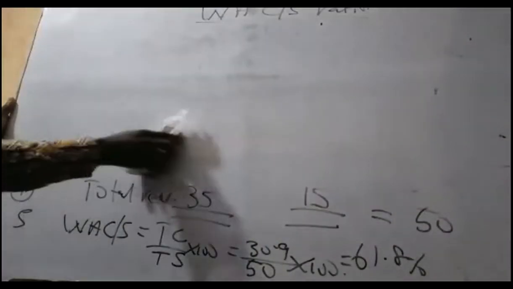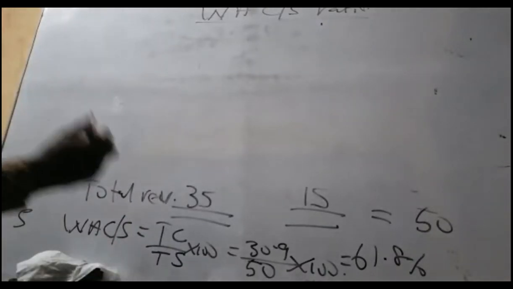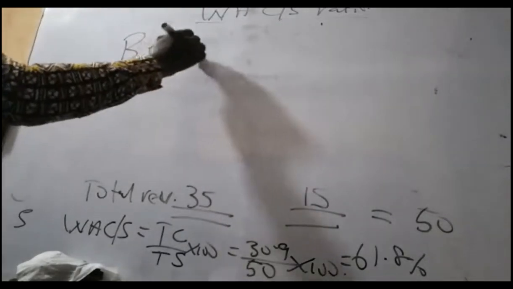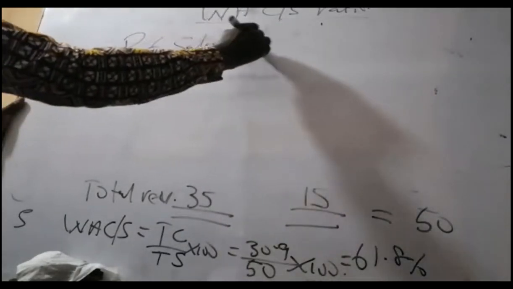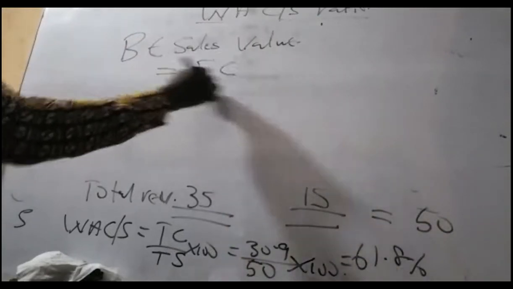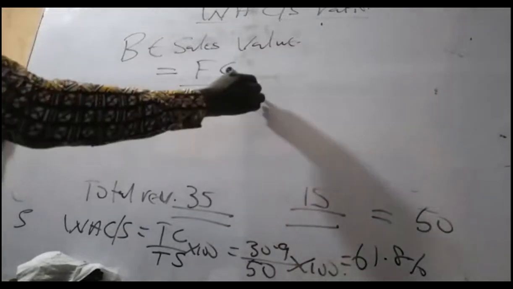So the break-even sales value is equal to the fixed cost over the weighted average CS ratio.